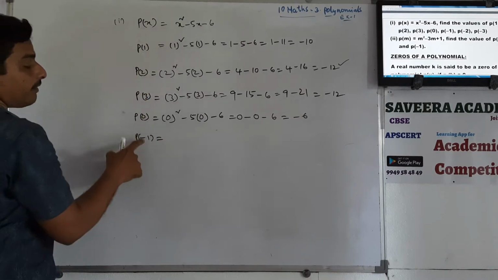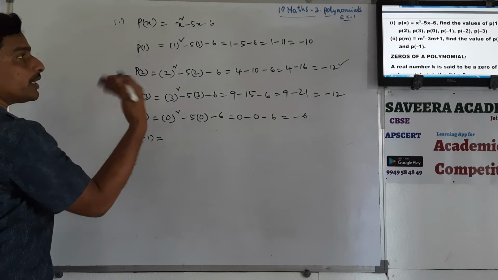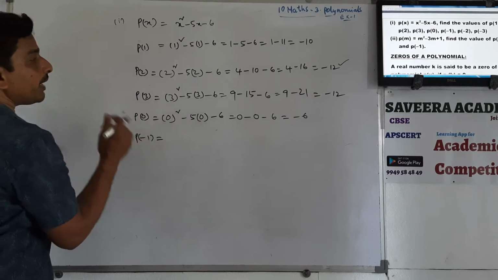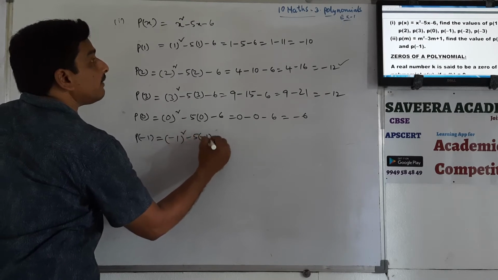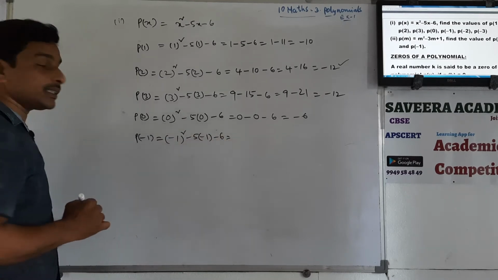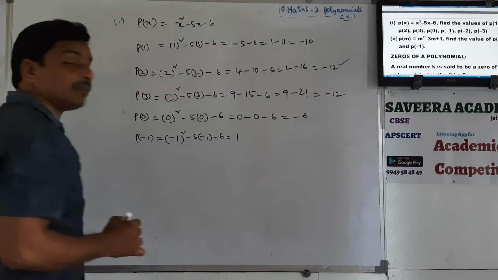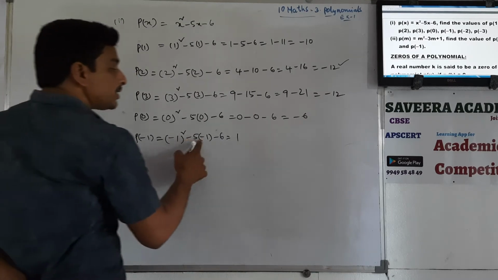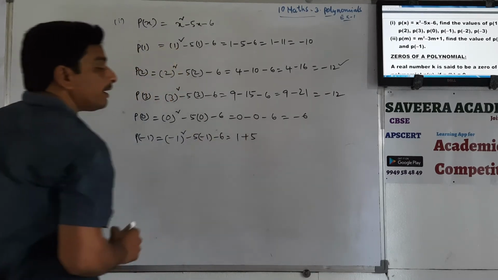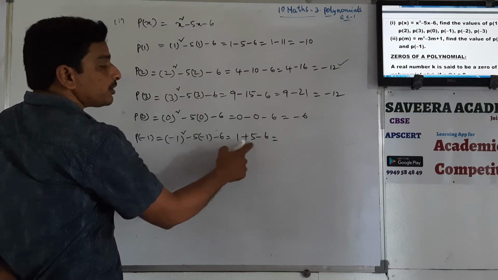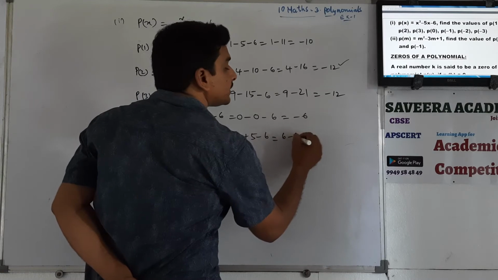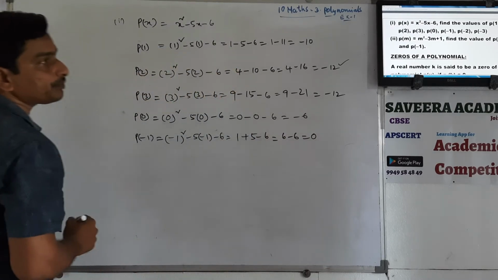Instead of x, we have written minus 1 on the left side. So on the right side also put x is equal to minus 1. So minus 1 whole square minus 5 into minus 1 minus 6. So minus 1 whole square means you will get plus 1. Minus into minus plus. 5 ones are 5, minus 6. This is equal to positive values you have to add. 1 plus 5 value 6. 6 minus 6 value 0.